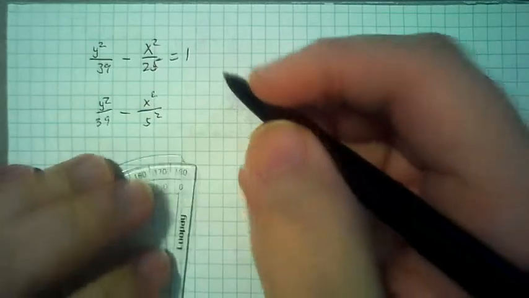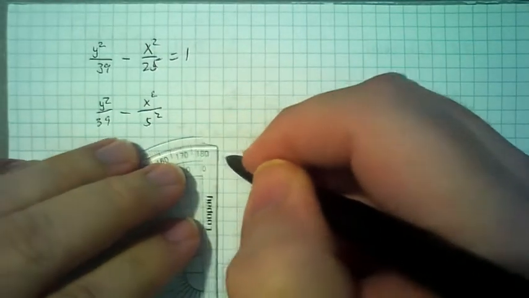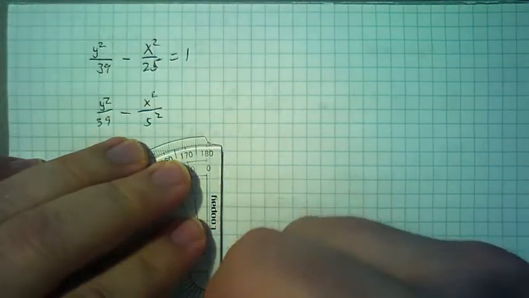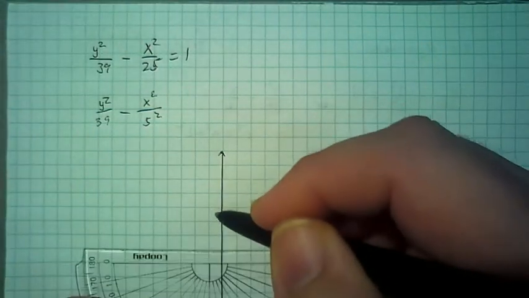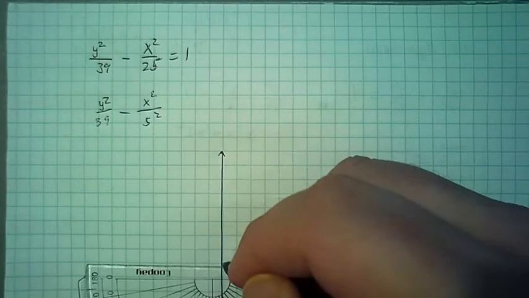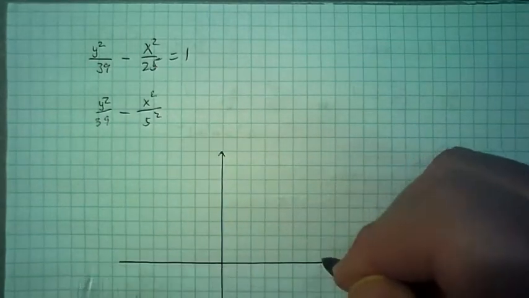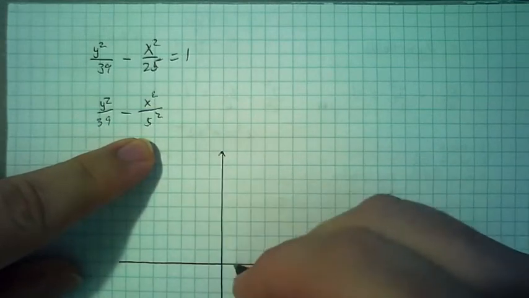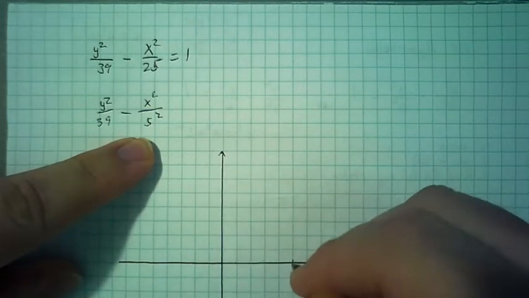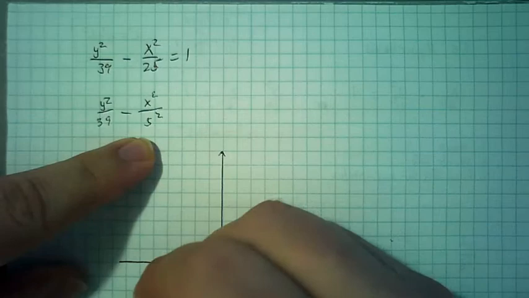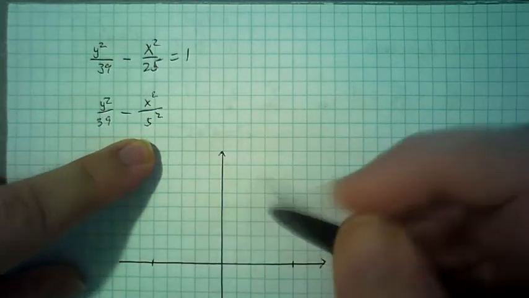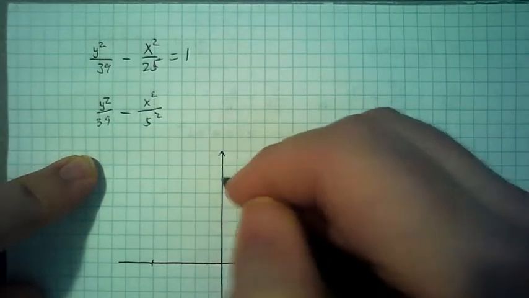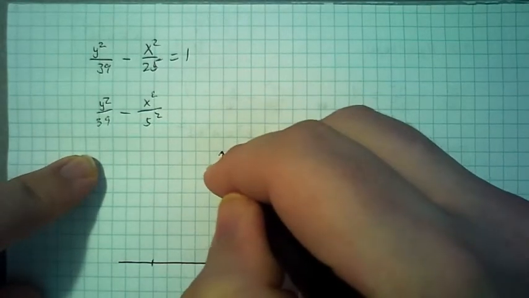All right, so let me leave more room than I did last time. Underneath the x is 5 squared. So 1, 2, 3, 4, 5 to the right, 2, 3, 4, 5 to the left. This one needs to be more than 6. 6.2 or 6.3.